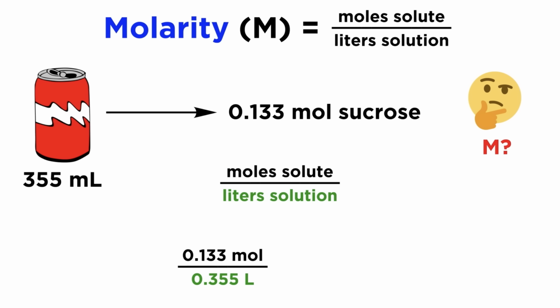And as for the volume of the solution, this must be in liters. So let's convert our 355 milliliters into 0.355 liters and put that on the bottom. Doing the math, we should get 0.375 molar as the concentration of sugar in the drink.